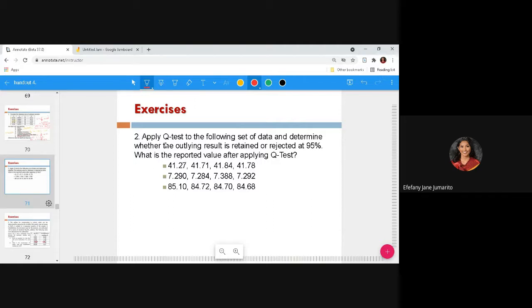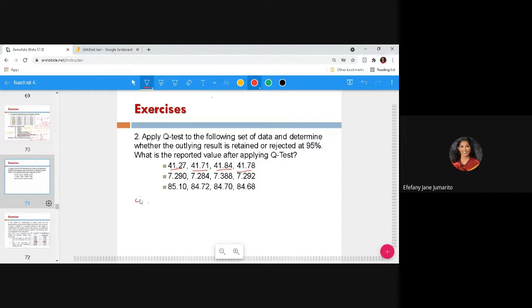Okay, number 2. Apply Q-test for the following set of data and determine whether the outlying result is retained or rejected at 95%. What is the reported value after applying Q-test? Okay, so we have this one, class. We have 41.27, 41.71, 41.84, 41.78. Now, there is an outlier here, class. Let's arrange that one.